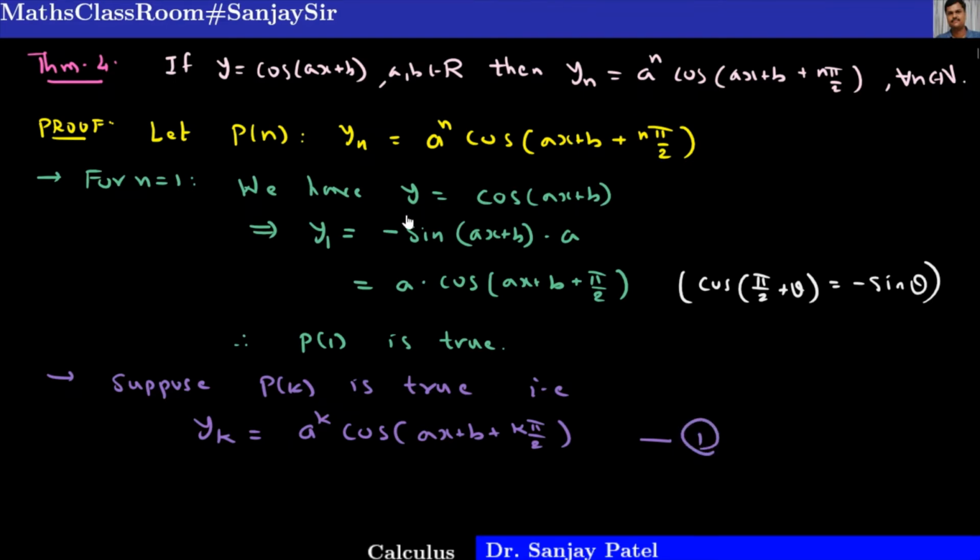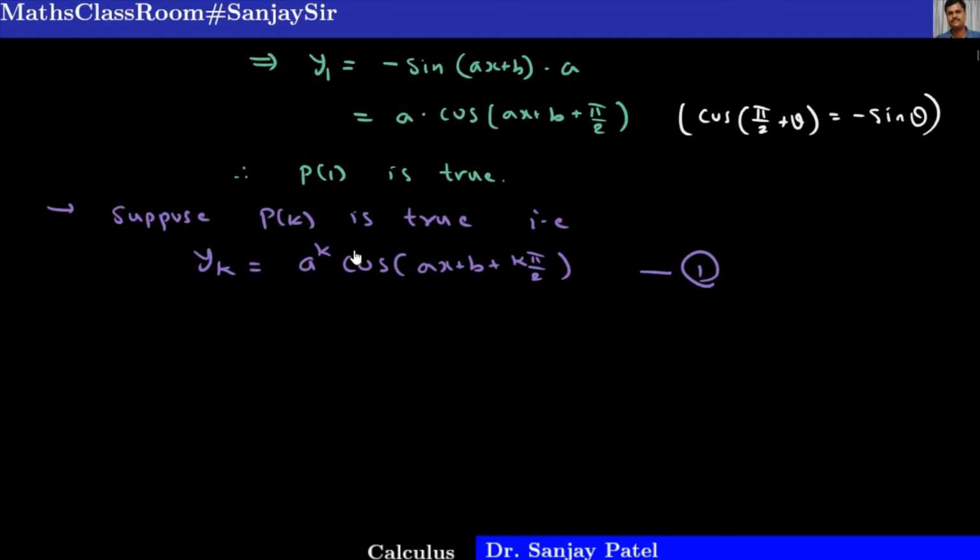Okay, now we want to derive Pk plus 1 from Pk, and Pk plus 1 means we have to show that yk plus 1 is equal to a raised to k plus 1 into cos of ax plus b plus k plus 1 times pi by 2. So we need k plus 1 everywhere here, and yk plus 1 means the k plus 1th derivative of y.